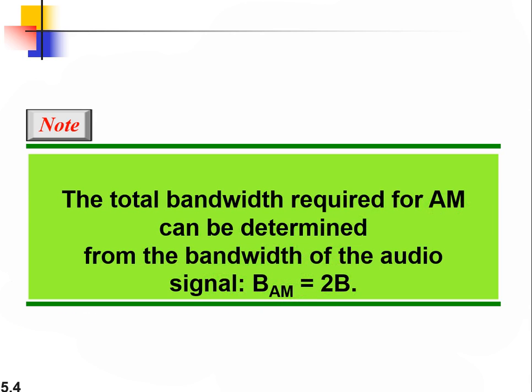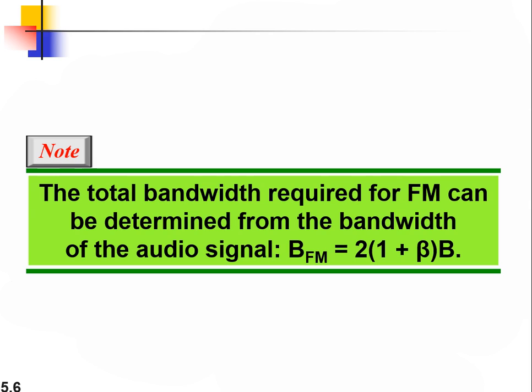This is simply a formula. The total bandwidth required for frequency modulation can also be determined from the bandwidth of the audio signal, and the formula for the bandwidth of frequency modulation uses 1 plus beta.